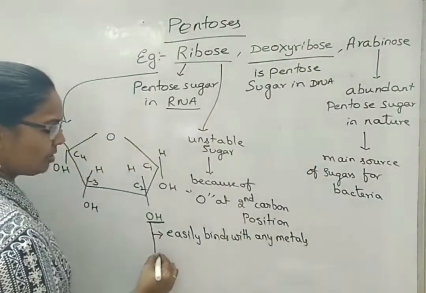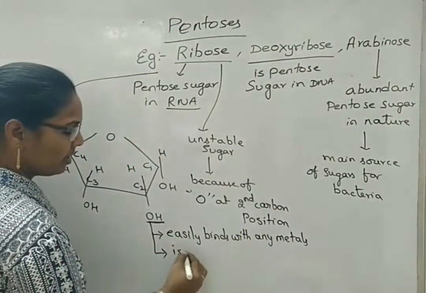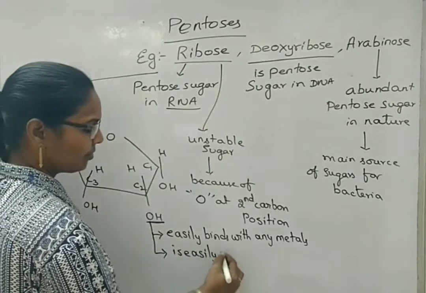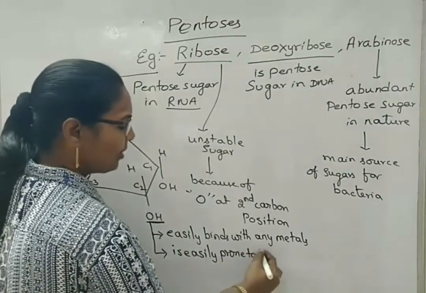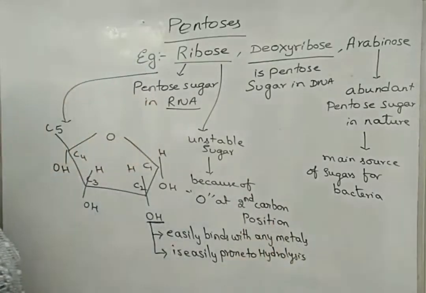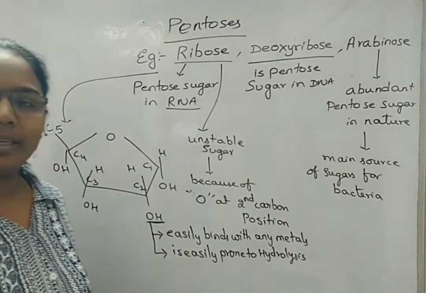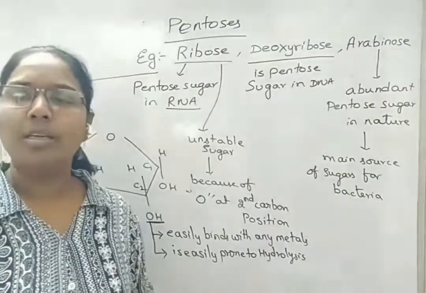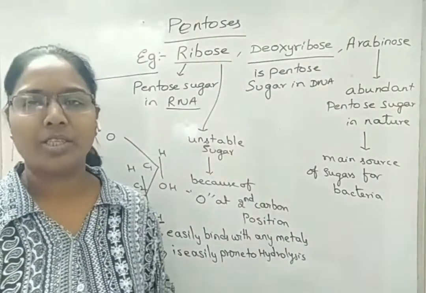Next, this oxygen is easily prone to hydrolysis. So it gives the total RNA molecule an unstable nature.